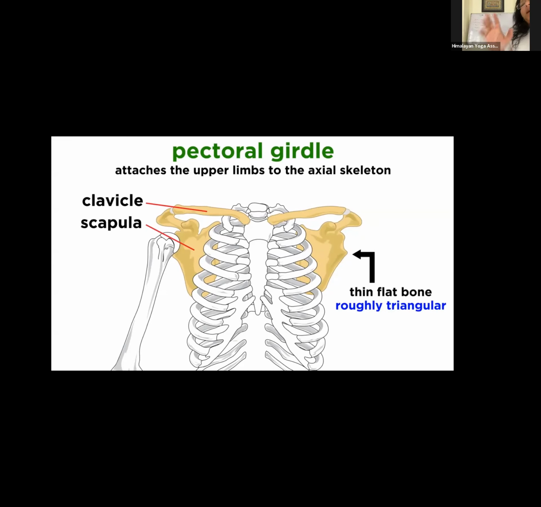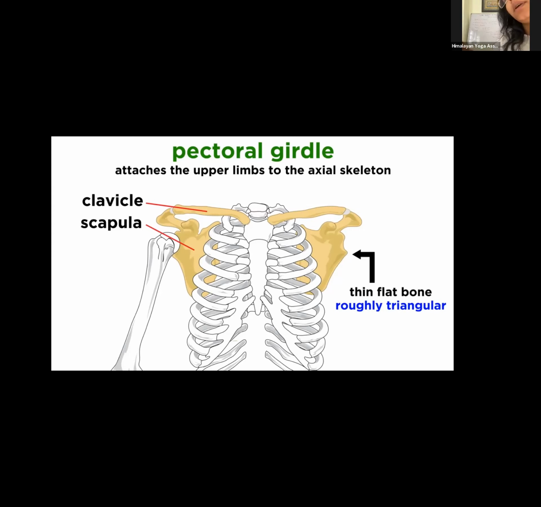Axial skeleton, that is head, the vertebral column, and the chest, the rib cage, thoracic cage. Okay. So our arms are attached to that through pectoral girdle. And pectoral girdle is made up of two pairs of bones, that is clavicle and scapula. These are in pairs. So we have two clavicle bones, or the collar bones, as called in general.